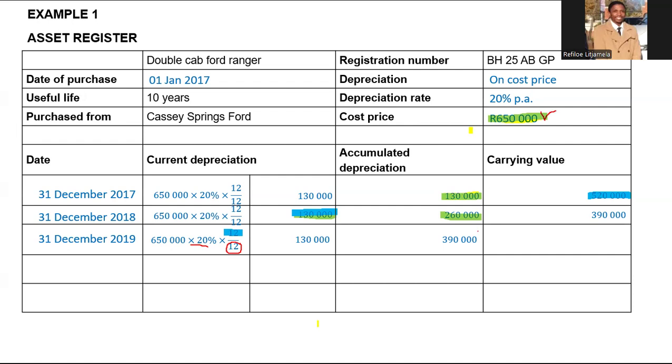You minus this 390. It'll give you your carrying value, which will be 260,000. Or you take the 390 from the previous year, you minus current year depreciation, it'll give you that 260,000.